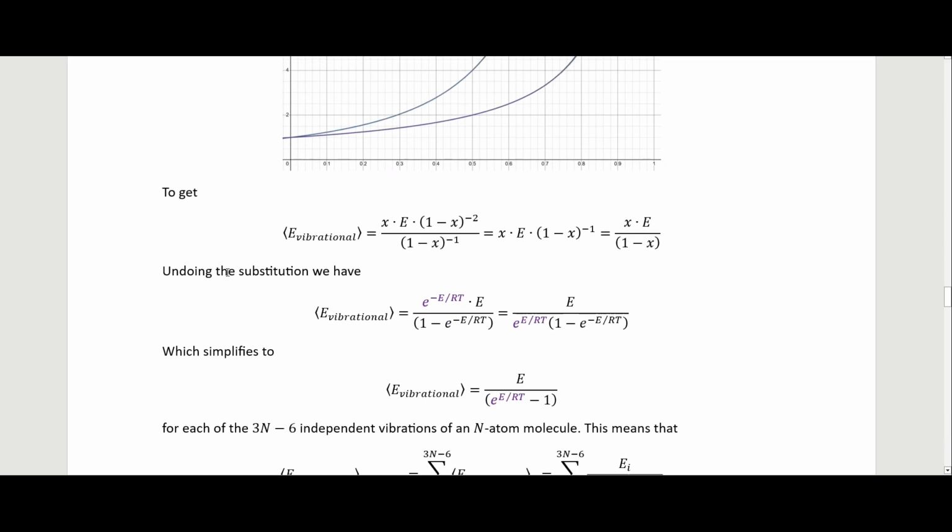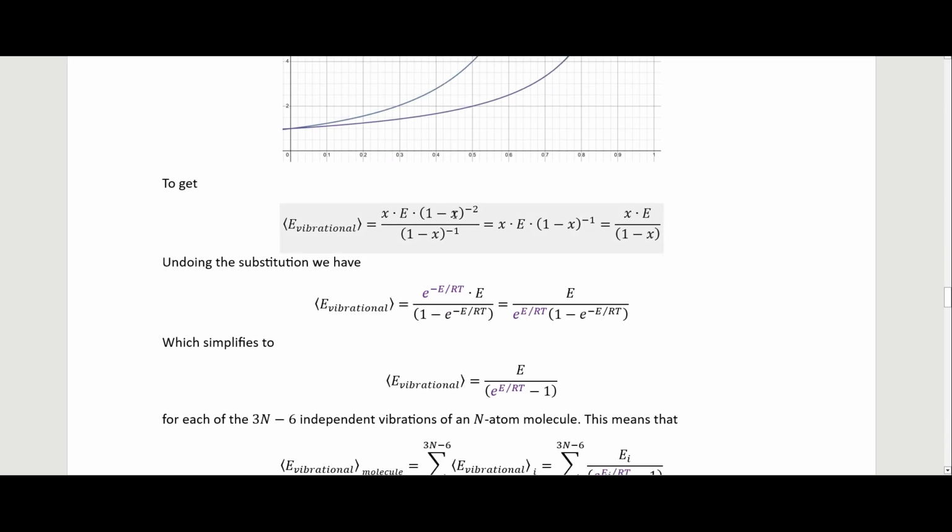Then if we make these substitutions, what we see is now we have the (1 minus x) to the power of negative 2 and the (1 minus x) to the power of negative 1. This will end up canceling out with one of these, so we get the x times E times (1 minus x) to the power of negative 1, which is going to be this right here, since anything to the power of negative 1 just means it's in the denominator with a positive power of 1.